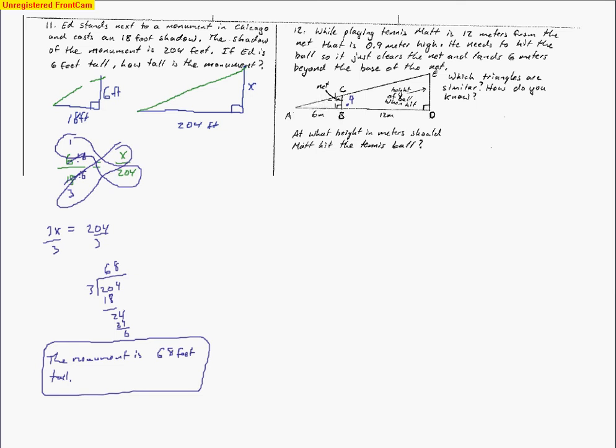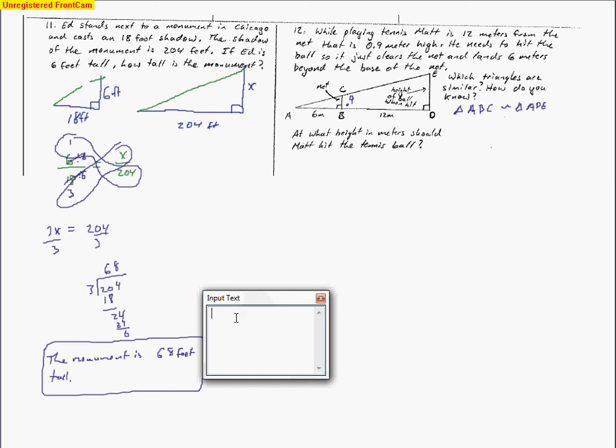So the triangles that are similar are this one right here and this bigger one. So let's name them. Triangle ABC is going to end up being similar to triangle ADE. So that's the bigger triangle. Now how do I know? So let me go ahead and do it this way.